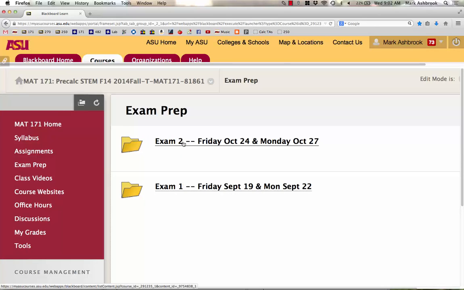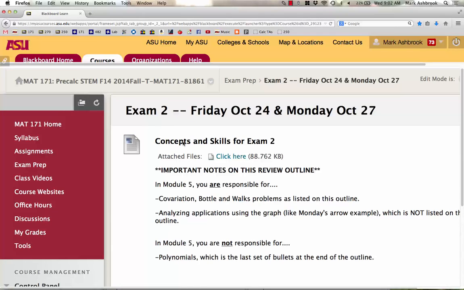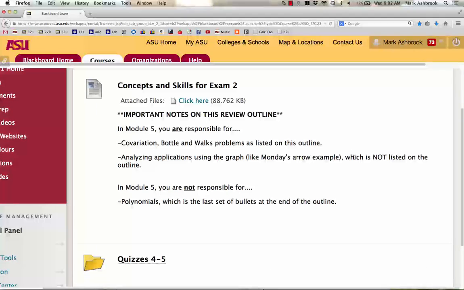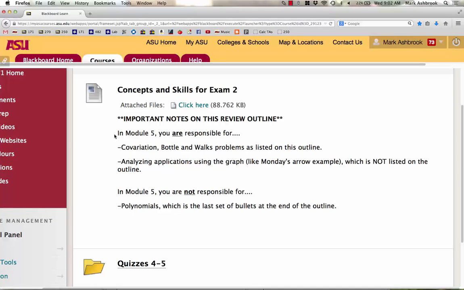This folder here, exam 2. Hopefully you've already been here. Concepts and skills. Now, please note these important notes. In Module 5, you are responsible for the covariation stuff we did with comparing the changes. So, bottle problems, the walk problem that we did, that's listed on the outline.